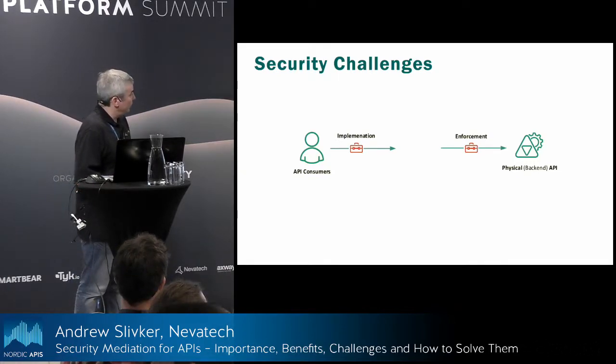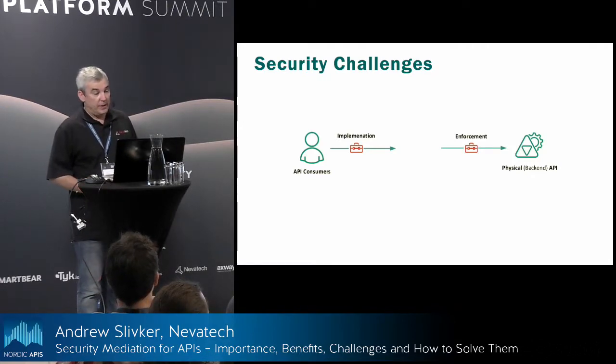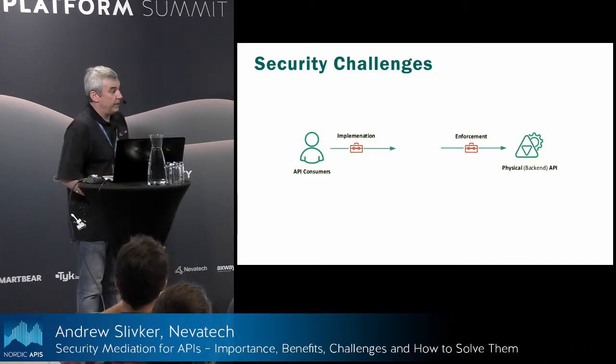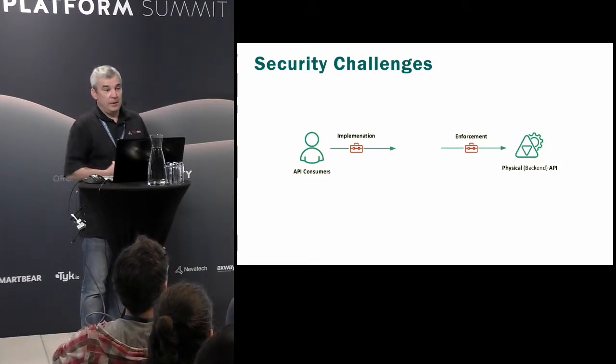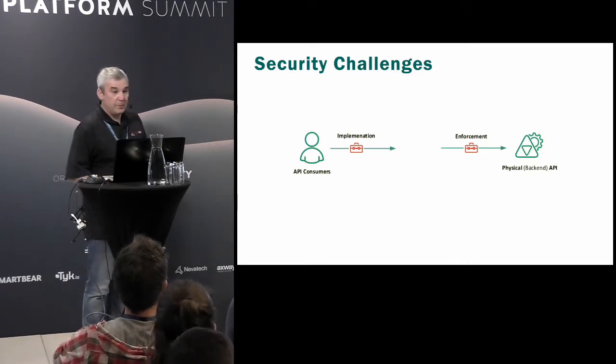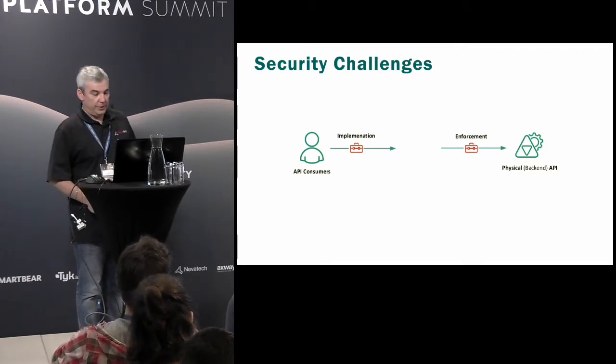If the API consumer application and the API itself are entirely under your control, it's a little bit easier because at least you can agree on what kind of security you should implement and control to a certain degree the complexities of the security aspects.